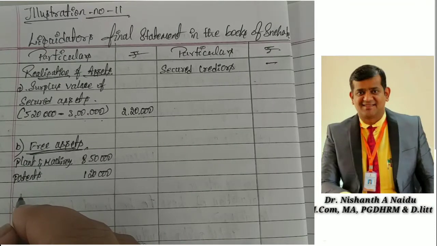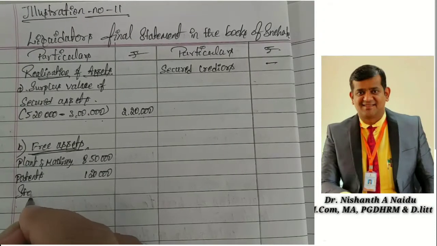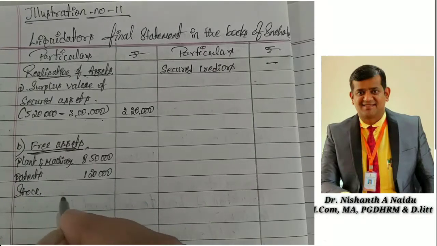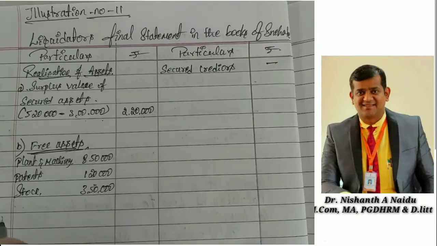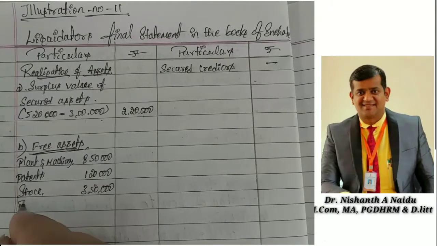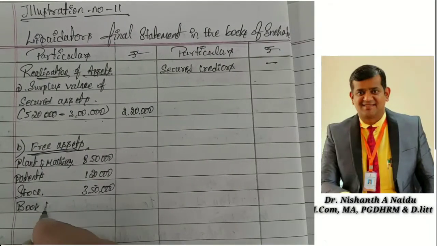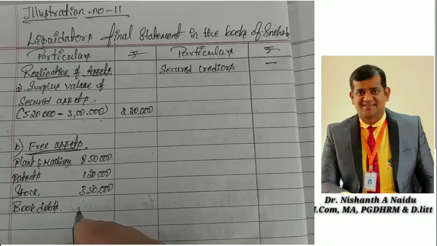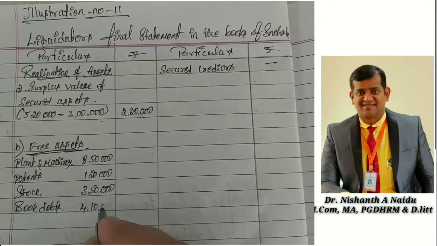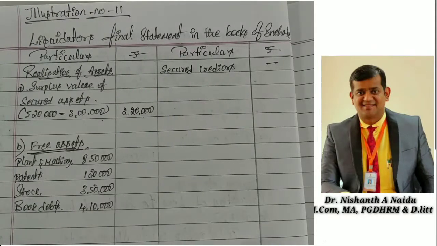Next we have stock, how much? 3,50,000. Next we have book debts. So that is 4,10,000.